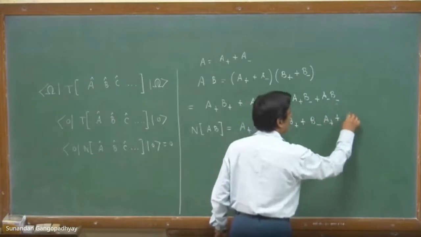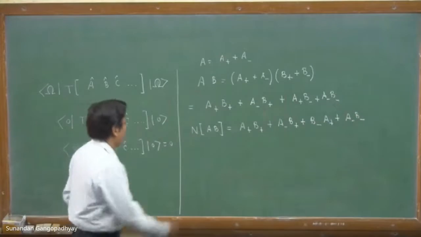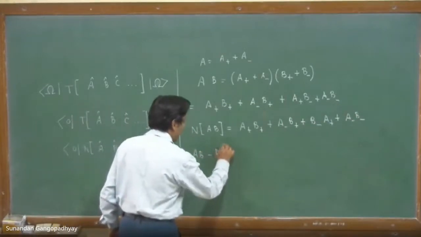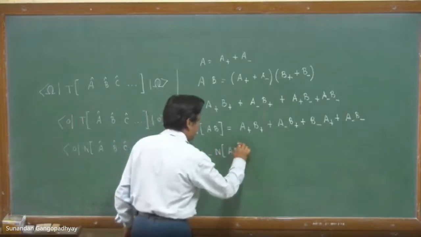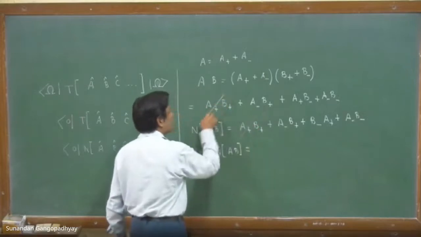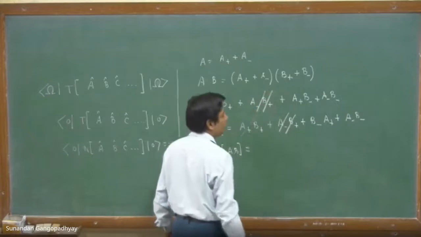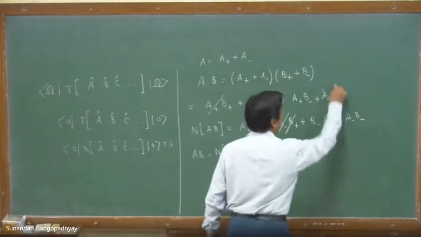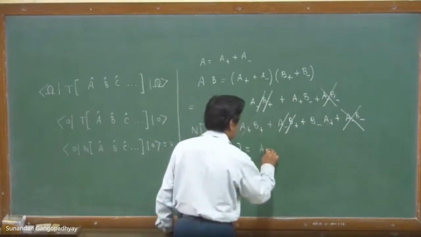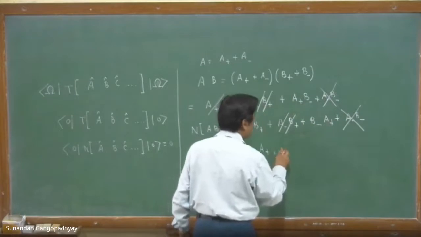Now we just subtract NAB from AB. You can immediately see that this cancels with this, and this cancels with this. Therefore, what we have is A plus B minus minus B minus A plus, so it is basically a commutator.